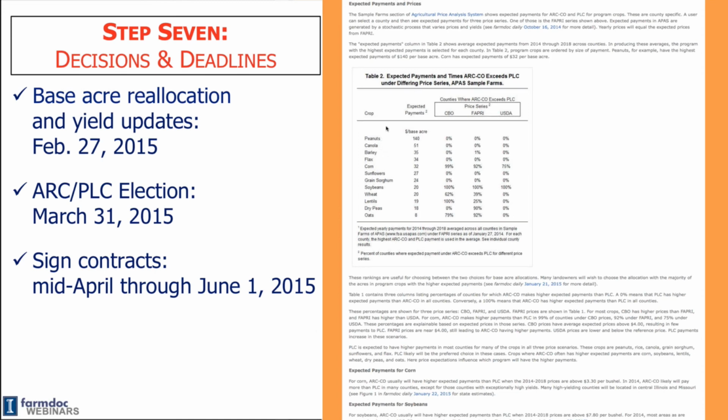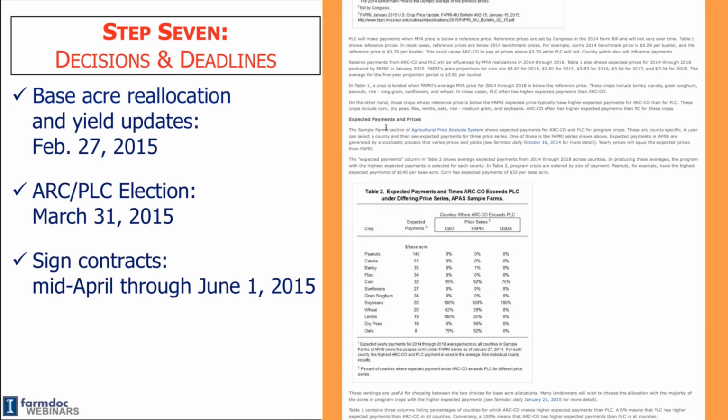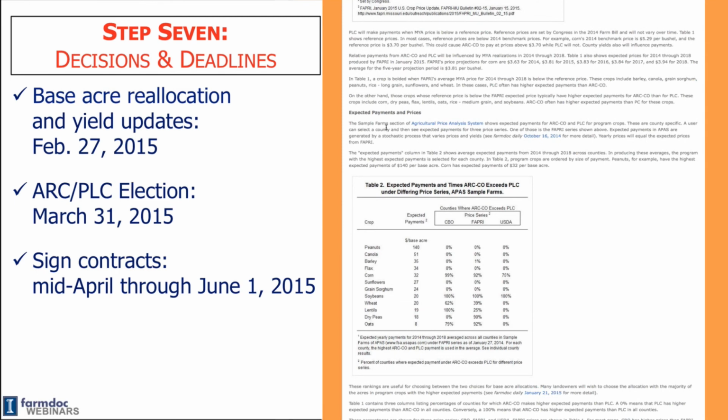Yeah, and the reason for that, grain sorghum actually has a higher reference price than corn. Grain sorghum's at $3.95 a bushel and corn's at $3.70. So that's going to change your thinking a little bit for sorghum. Yields are going to matter as well. This farm bill actually has a different reference price for grain sorghum than you've seen in the past, so that's going to put it in a slightly different situation in this decision process.